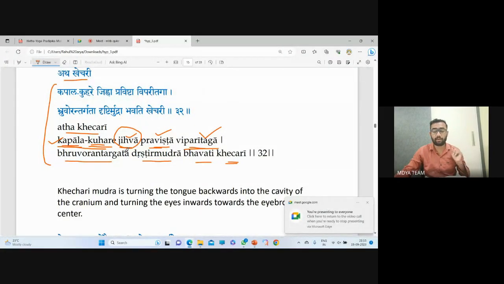And one more important point here, that is Bhruvor Antargata: your eyesight should be at the center between the eyebrows. Bhruvor Antargata Drishti, that we call Bhavati Khechari. That practice is the Khechari Mudra.